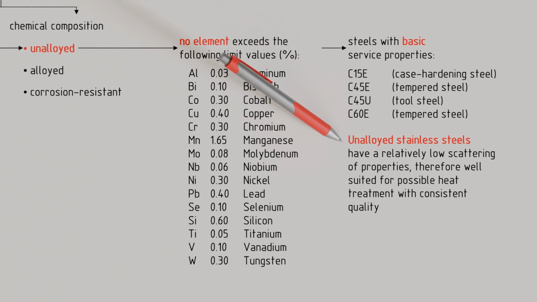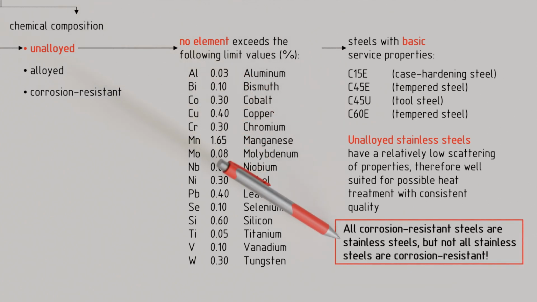A typical non-alloyed stainless steel is, for example, the non-alloyed tempered steel C45E, which offers high wear resistance and is therefore used as a tool steel. At this point, a common misconception must be addressed. The term stainless steel is not automatically synonymous with corrosion-resistant steel.